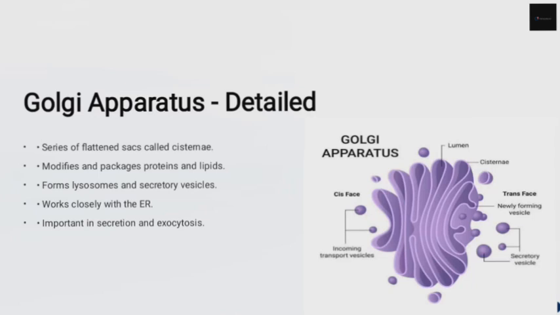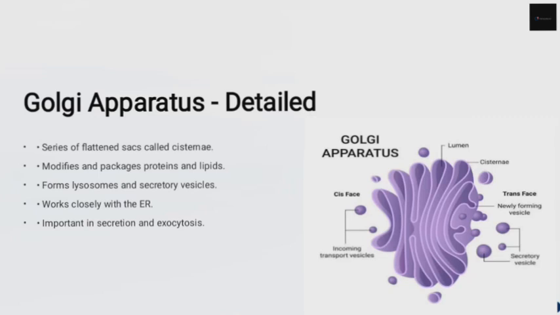So the Golgi apparatus works closely with the endoplasmic reticulum. I want you to underline that, or rather to write that. It works closely with what? Endoplasmic reticulum. Now, let me take us back a little. Remember, the endoplasmic reticulum has two types, rough and smooth. Rough has ribosomes attached to it, which enables it to produce proteins.